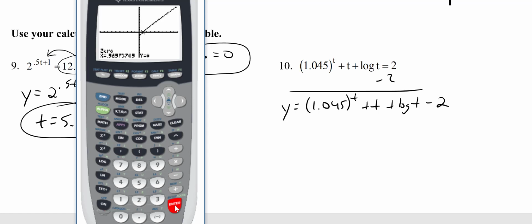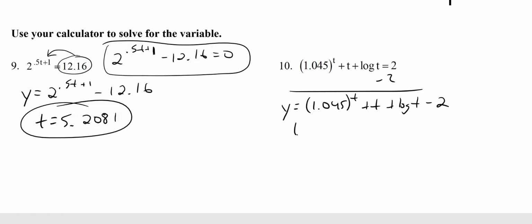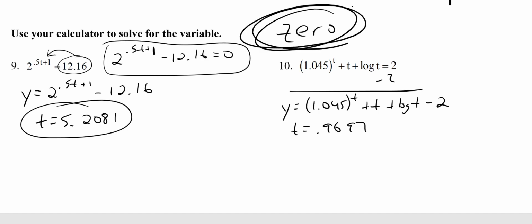Okay, and so you get t is equal to 0.9697. So t equals 0.9697. Okay, that is actually really cool. So you use your graphing calculator with the zero button, but it's got to be equal to 0, obviously, and then you use the zero button.